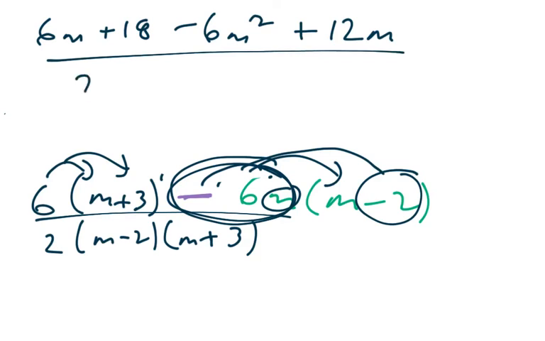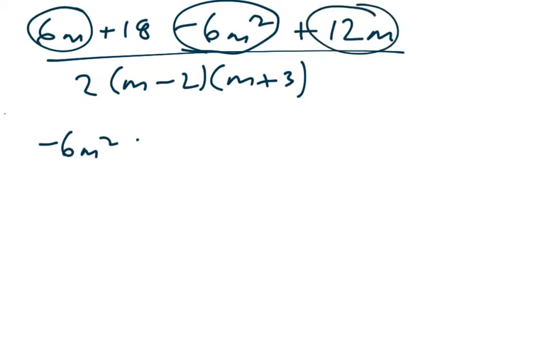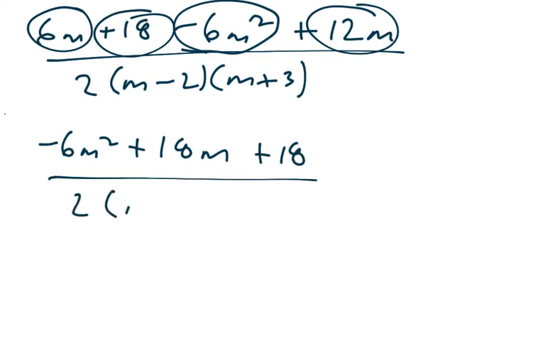That, of course, is all over our common denominator. Finally, let's put together like terms here. So I have a minus 6m squared. 6 and 12 is 18m plus 18 all over our common denominator here.